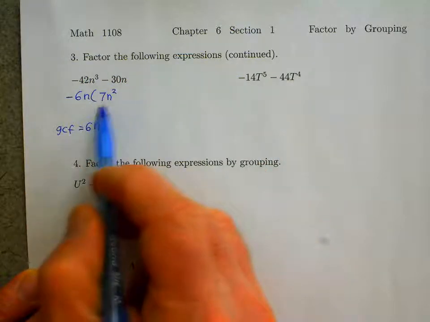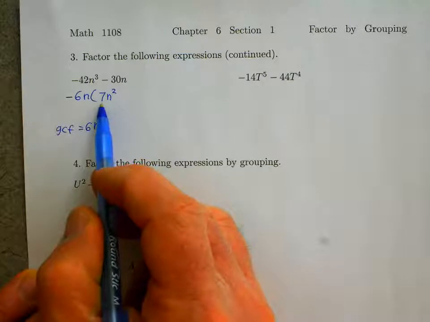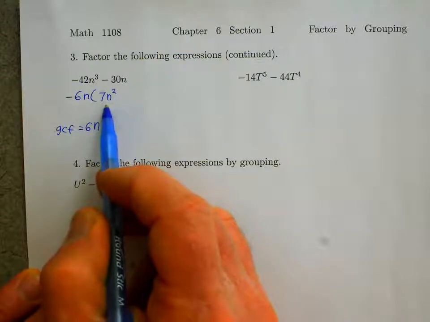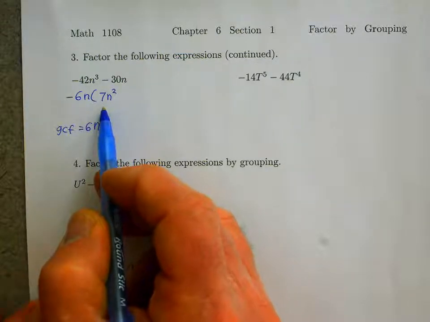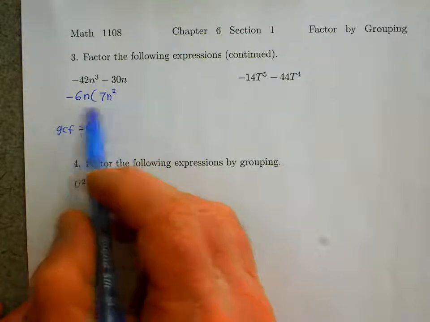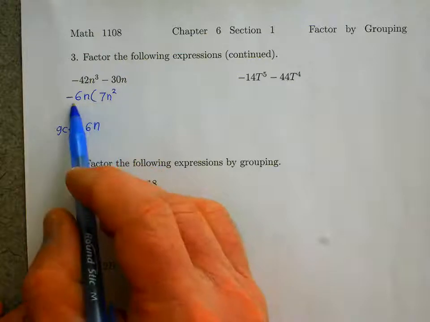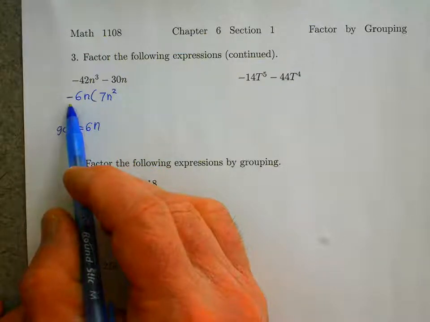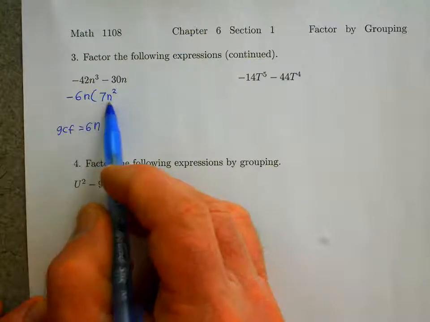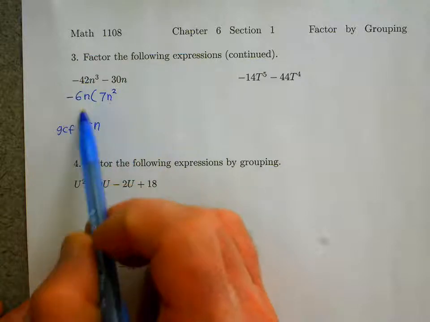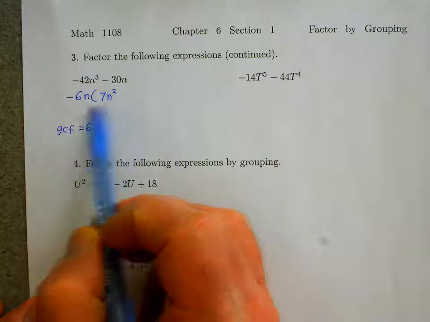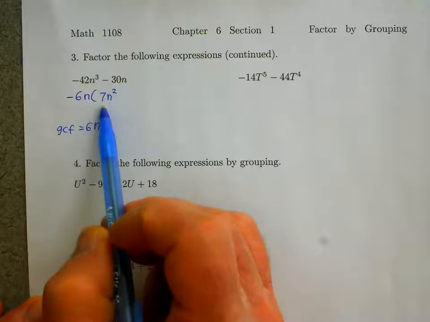So inside the parentheses, the first term is 7n to the second. And you can verify at each step by multiplying. Negative 6n times 7n to the second is negative 42 times n to the third. So everything is checking out so far.